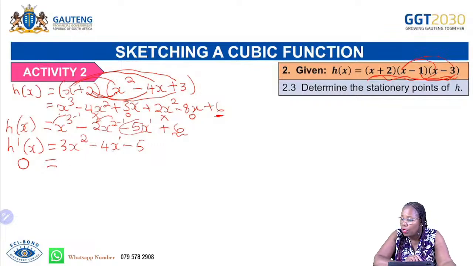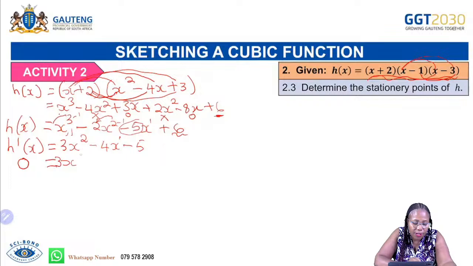And then now we need to factorize this bracket here. And then if you look at this, we can't find factors of 5 that, when you subtract, give you 4 with the impact of that 3 there. So it's forced, grade 12, that you use your quadratic formula. You are forced to use your quadratic. Do you still remember your quadratic?